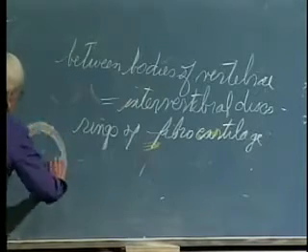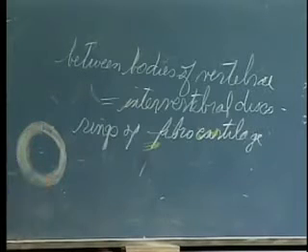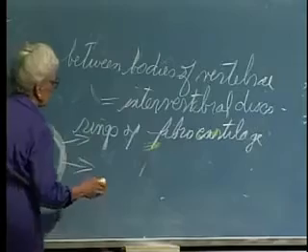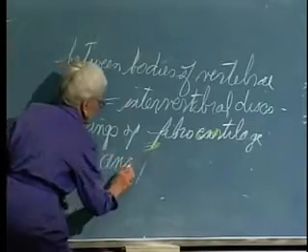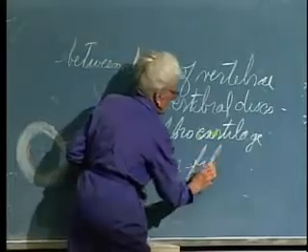Here's my ring. If I were to take it out from between, hold it up, this would be my ring of fibrocartilage, so it's called an annulus ring, annulus fibrosus.